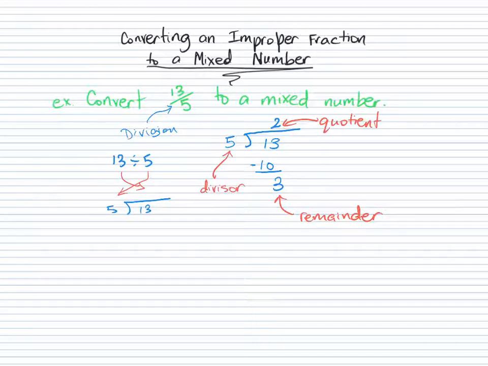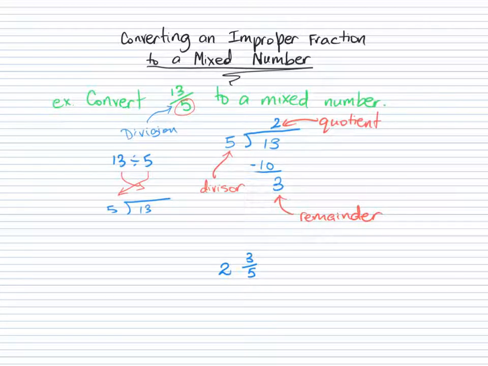The divisor was at the bottom of the fraction initially, and it will continue to be at the bottom of the fraction. The whole number part of our answer is the quotient. So that 2 is the whole number part of our answer. The divisor initially was the denominator, and it will continue to be the denominator. And the remainder goes here.